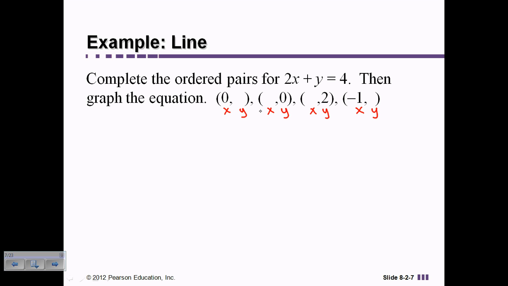So on these problems, what we're going to do is take the equation 2x plus y equals 4, and replace whatever piece we know. So on the first problem, I know x, but I don't know y. So I'm going to replace x with 0 and leave y alone. I'm going to solve this problem, so this is 0 plus y equals 4, so y is equal to 4.